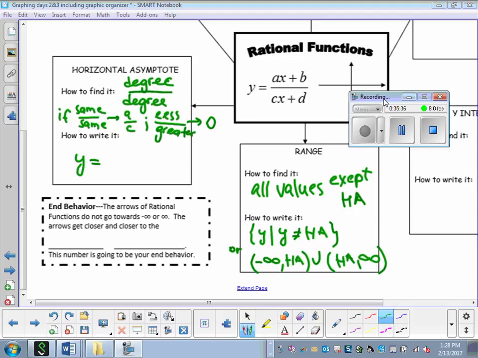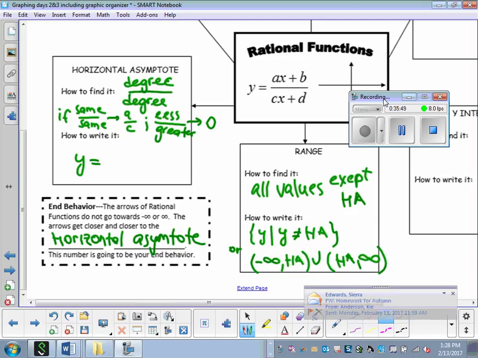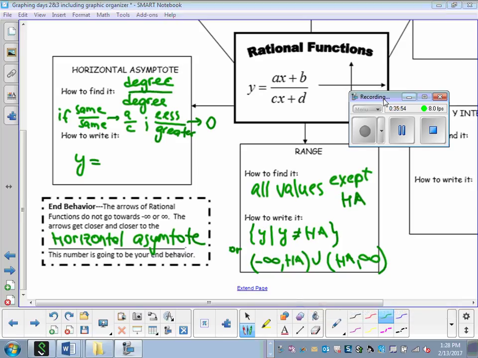So for the right and left end behaviors, I need to use the horizontal asymptote number. Before we had those arms going up or down, so our end behaviors were either positive or negative infinity. Now it's just the number.